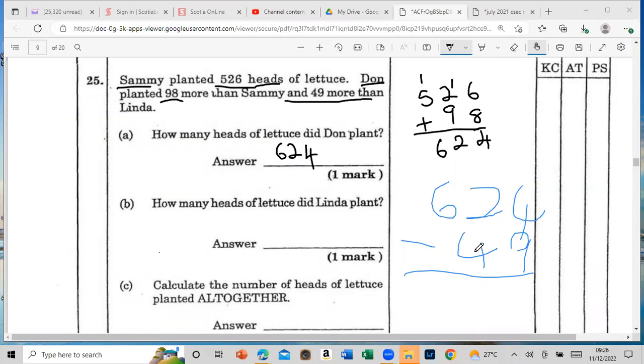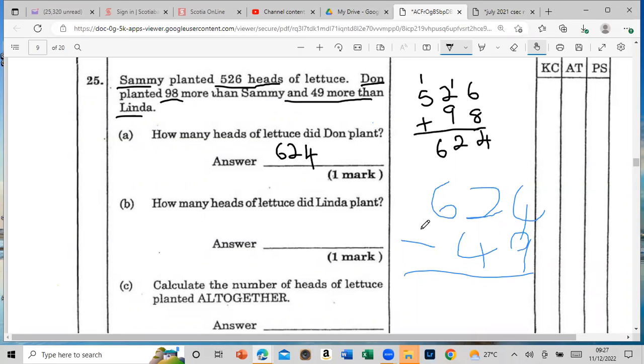All right, I'm gonna reason it out. You can rub off this, please, because it's gonna block the right thing. So I'm gonna reason it out now, guys. Sammy planted 526 heads of lettuce, Dan planted 98 more than Sammy, and 49 more than Linda. So that means you're gonna add this 624 plus the 49.